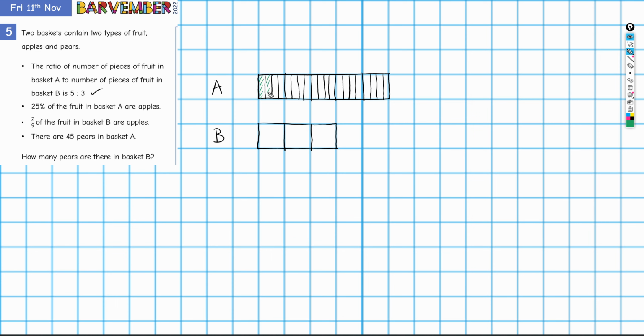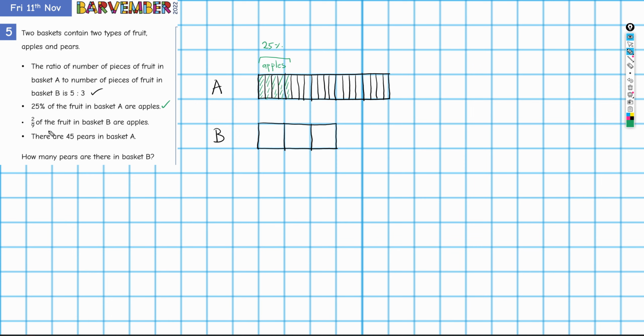So 1, 2, 3, 4, and 5. In fact, I probably should have used red because those pears are green, aren't they? There we go. So there's my apples. Okay, that's the 25%. Okay, so I've dealt with that piece of information now.